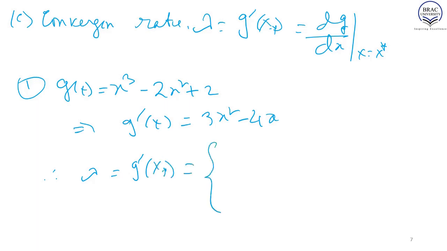Okay, so now if we put x star equal to minus 1, the answer is 7 for x star equal to minus 1. So it is diverging, no solution. And if you put x star equal to plus 1, then oh sorry, my mistake, that is absolute value by definition.